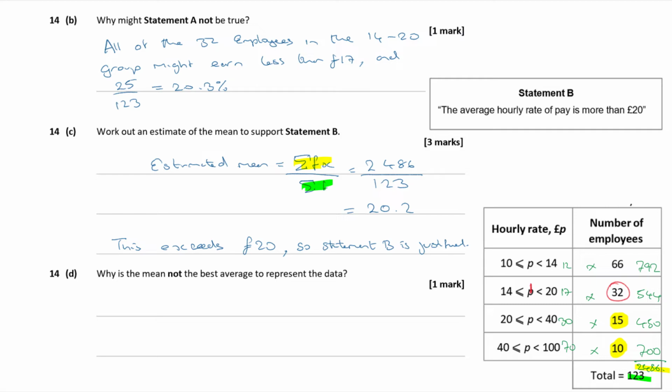So it would be better to use a type of average that is not affected by those few at the top. So a good one to go for might be median, the median salary, because that is unaffected by your outliers at the one end of the data or the other.